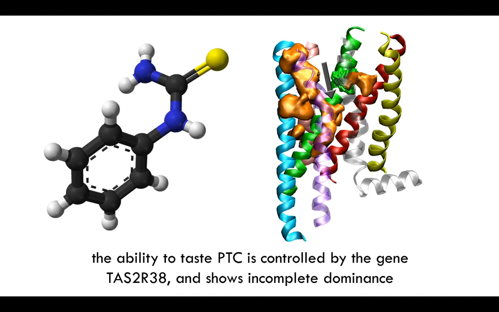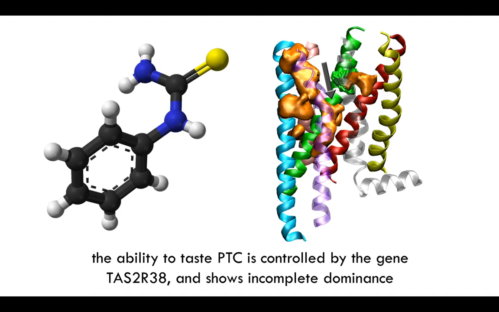Of course, you all recognize it, I'm sure, by sight. The alleles are either tasting or non-tasting. If you have two tasting alleles, you get a really strong taste. If you have two non-tasting alleles, you get no taste. But if you get one tasting and one non-tasting allele on your chromosomes, you taste it a little bit. You have partial taste.